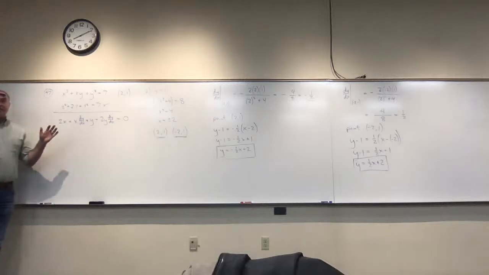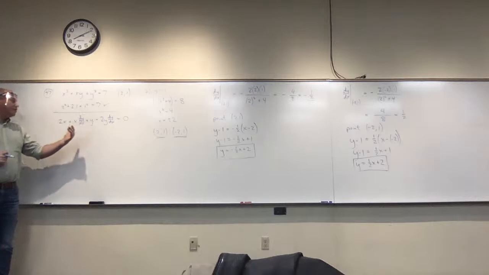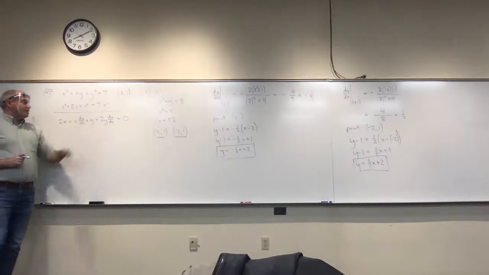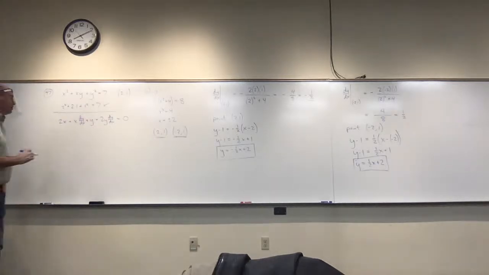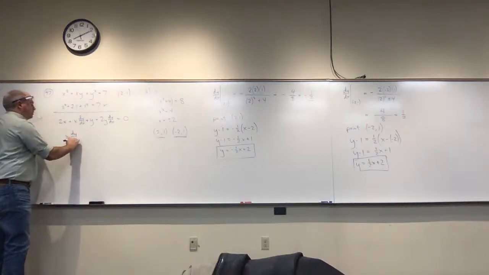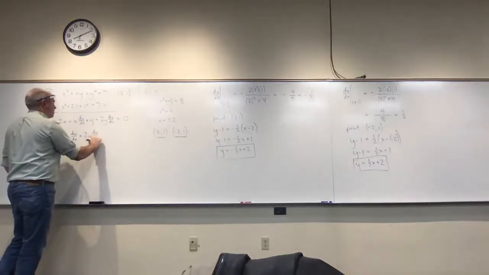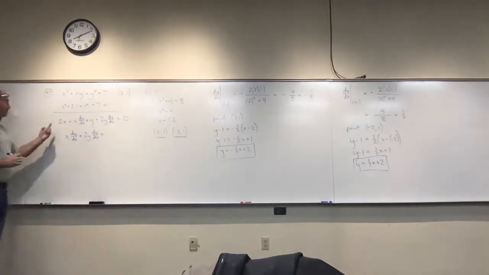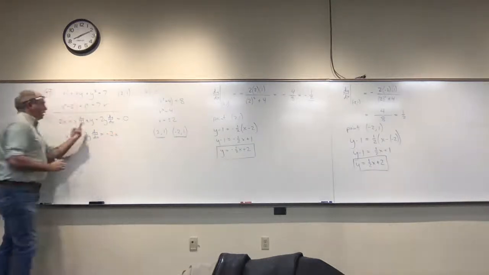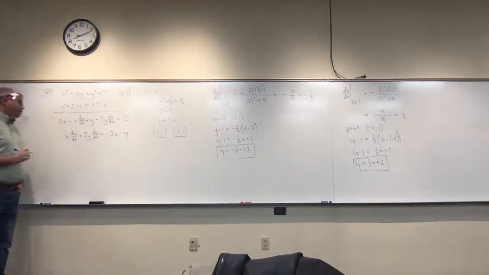So now I have some stuff that has dy/dx in it, and some stuff that does not. Let's leave all the dy/dx stuff on the left side and move all the non-dy/dx stuff to the other side. I get x dy/dx plus 2y dy/dx is equal to negative 2x, moving this one over, minus y, moving this one over.